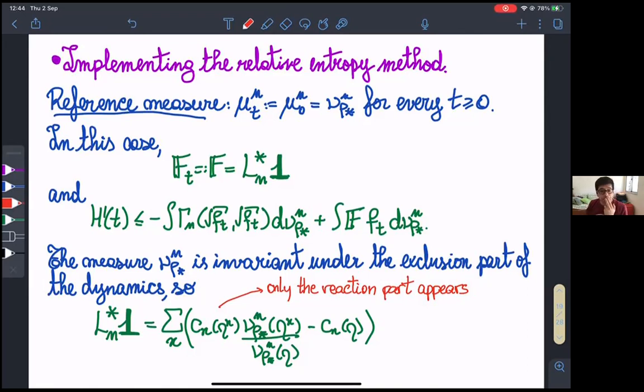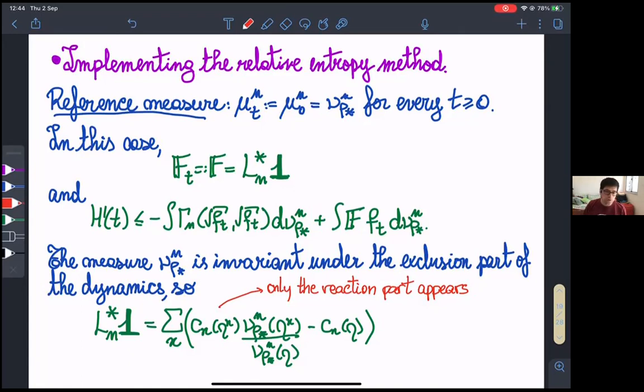And now what we have to do is to compute this function blackboard f. So the measure nu rho star is invariant under the exclusion part of the dynamics. So we only have to take into account the reaction part of the dynamics.